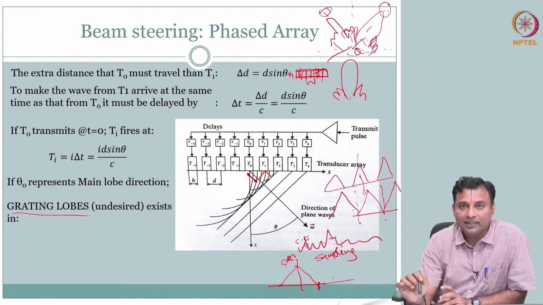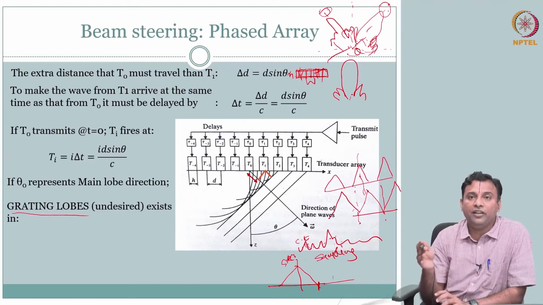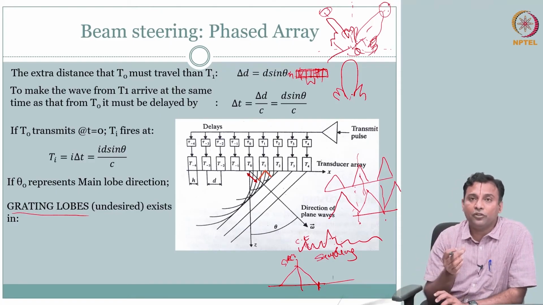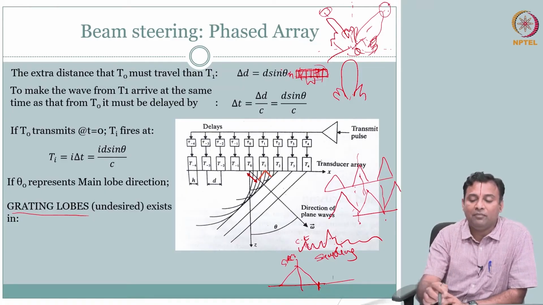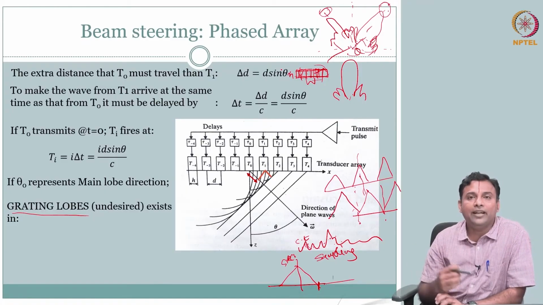Oh, if that is the case, I would expect to have copies of my Fourier transform. Remember the far field of the beam pattern that we talked about, the far field was the Fourier transform of your aperture. So now if I sample my aperture, what should I get in my beam pattern?